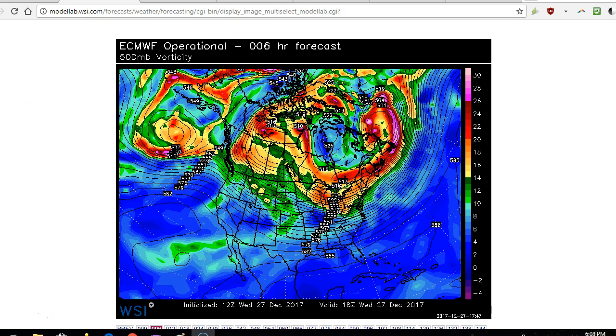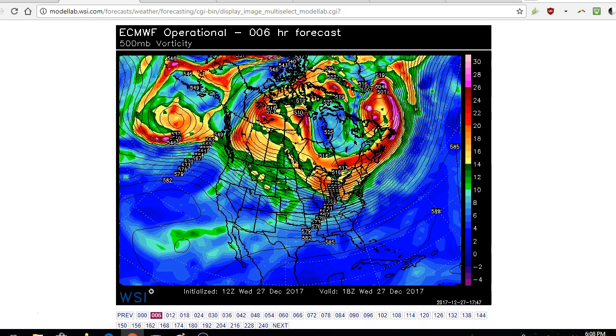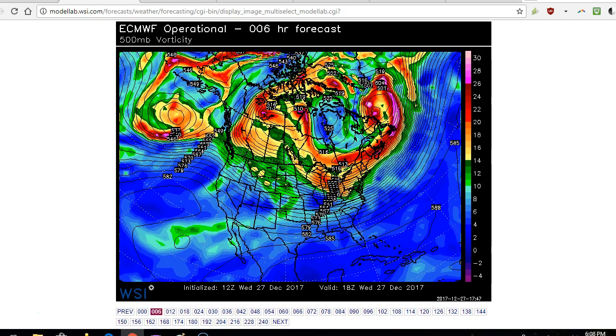So, take a look at the European model, generally just to illustrate the point about the storm threats.